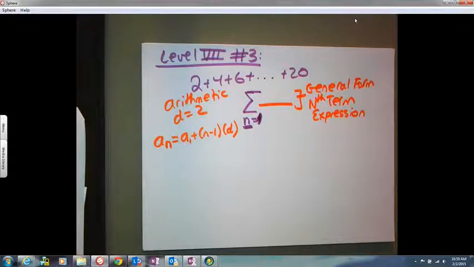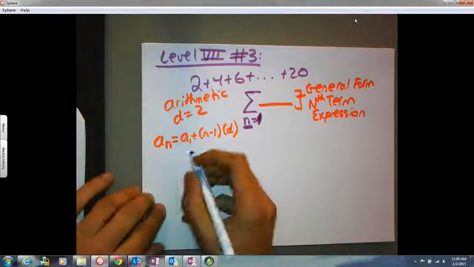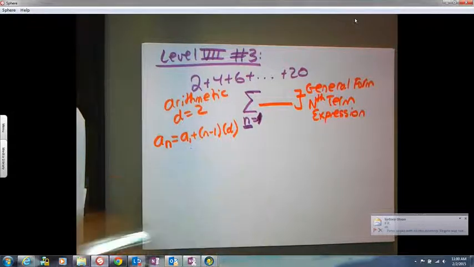Right, in orange, this is one of the 2 important formulas for arithmetic sequences. We will need to memorize this, but not for any of the upcoming assessments. In the future, you will need it. Excuse me. Okay.